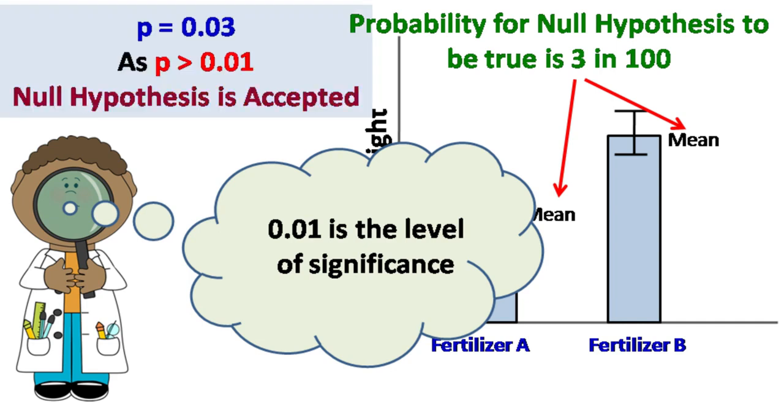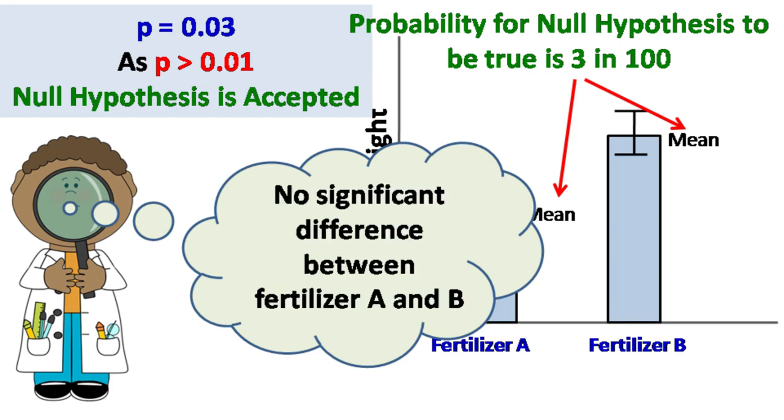Then in this case, the researcher has to accept the null hypothesis and conclude that there is no significant difference between fertilizer A and fertilizer B.